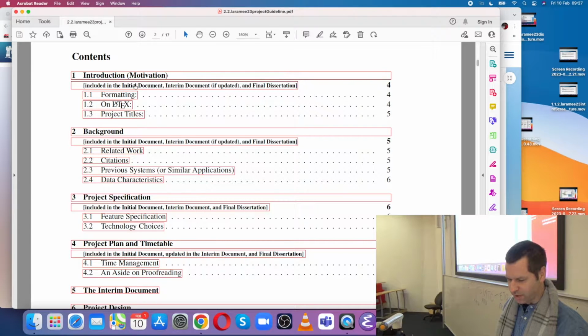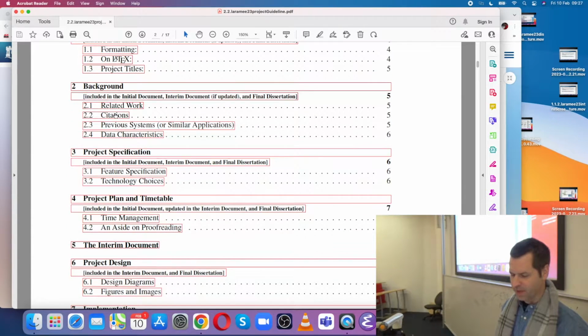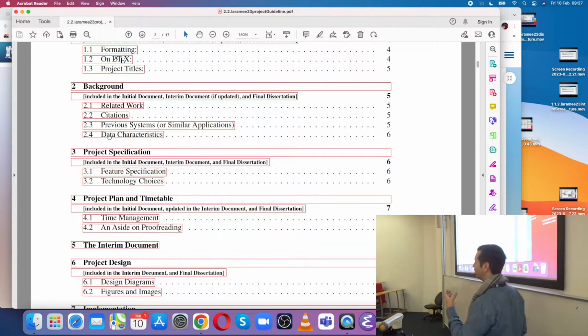So there's information about formatting using LaTeX, project titles. Like if you're wondering what a good project title is, there's a background section, right? It consists of related work, previous systems or similar applications. If you have a data-centric focus on your dissertation, you can put the characteristics of the data in that section.